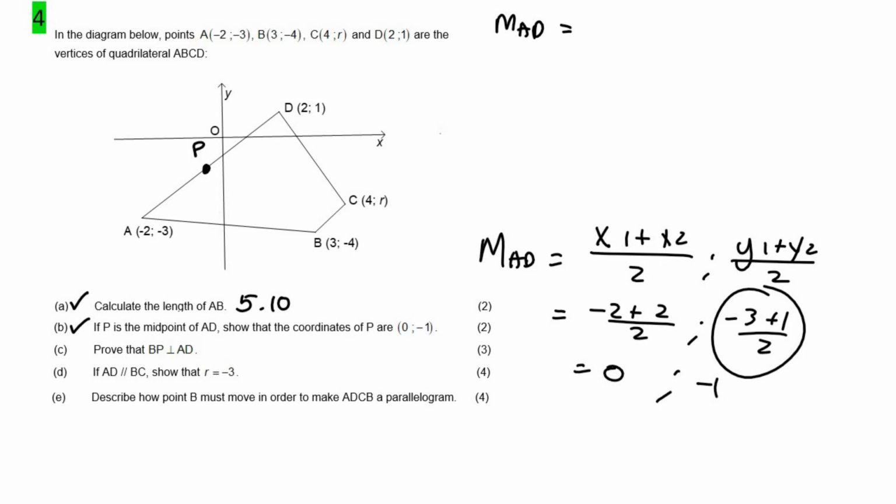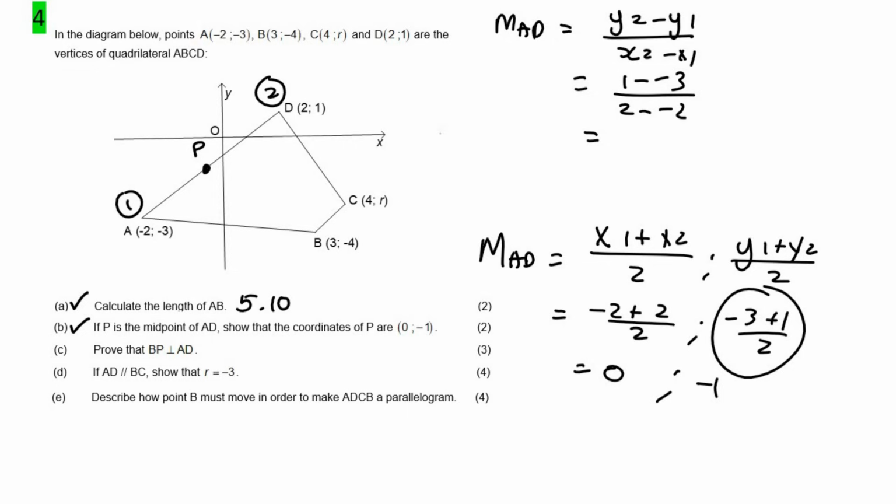Now we're going to use the gradient formula, which is y2 minus y1 over x2 minus x1, and I'm going to use this as my point 1 and this is my point 2, but you can decide what's best for you. And so that's going to be 1 minus 3 over 2 minus 2, and that gives us 1.